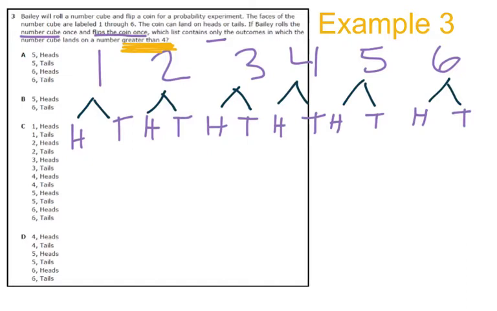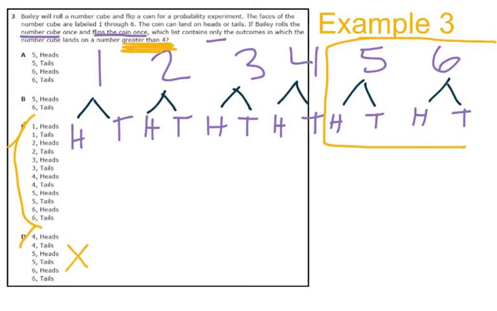Not greater than or equal to, but greater than 4. So we only want these numbers right here. We only want this set of our probability, which is our 5 and our 6 with heads and tails. So if we look at it, C is not right because it has everything listed. D is not right because it has 4, 5, and 6, and we want greater than 4, so not equal to.